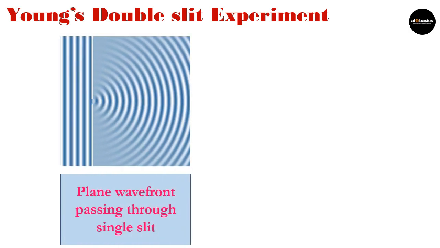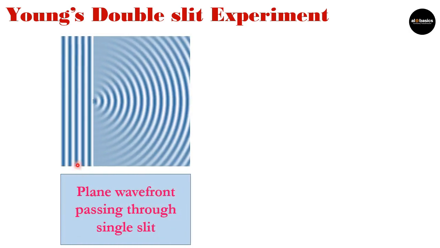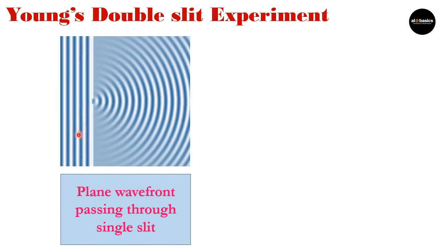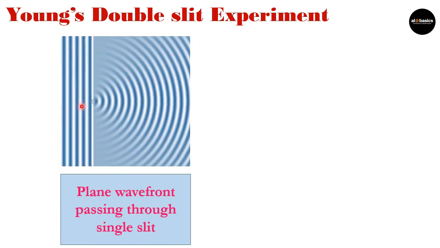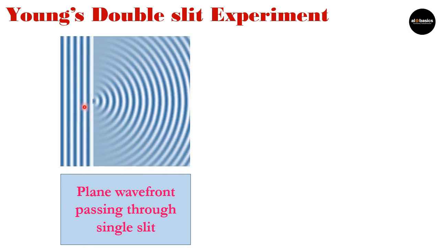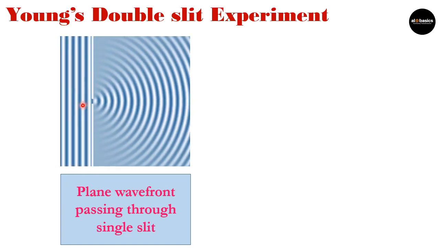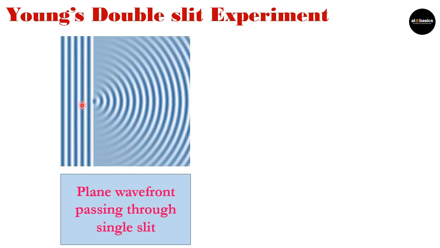To get a clearer idea of the propagation of wavefront in single slit and double slit, we'll see this picture. In this picture, you can see that here there are plane wavefronts and they are passing through an opening. This opening may be a point source or a hole or a linear source.